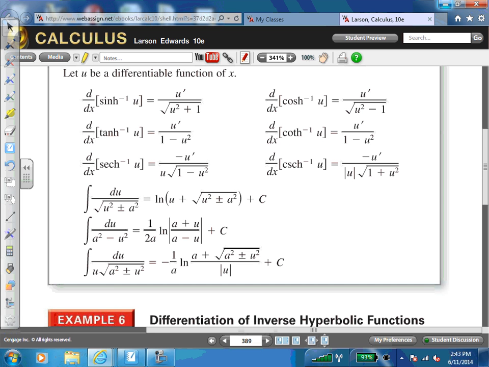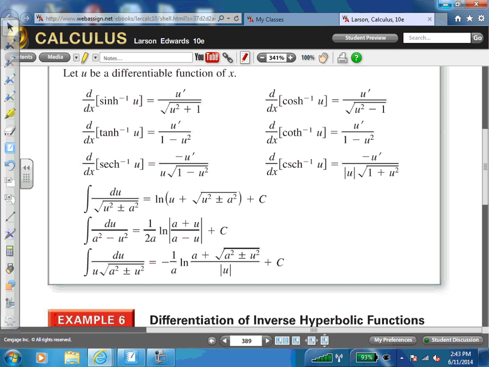Now the derivatives are not a big deal. If you run across inverse hyperbolic cotangent, it's hard enough just to say, you just take the derivative of your u over 1 minus u squared. If it's inverse hyperbolic secant, it's minus the derivative of your u over your u times the square root of 1 minus u squared. Those are pretty much straightforward.